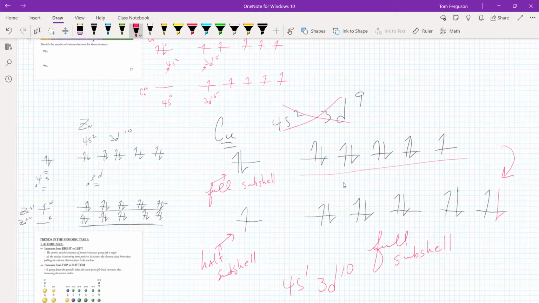So internally, copper is going, a bigger full subshell is better than a small destabilized subshell. Reminds me of the Star Trek movie where Spock gets irradiated and he's behind a wall and he's talking to Kirk and he says, the needs of the few do not outweigh the needs of the many. Remember that?